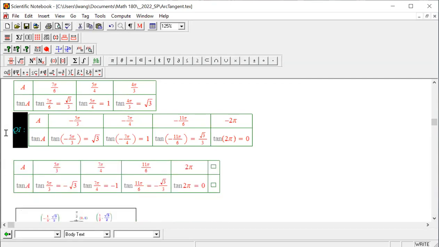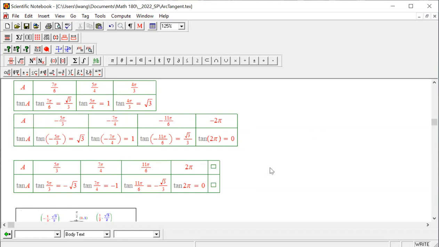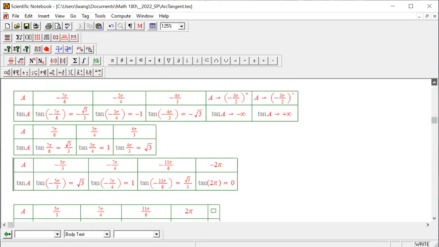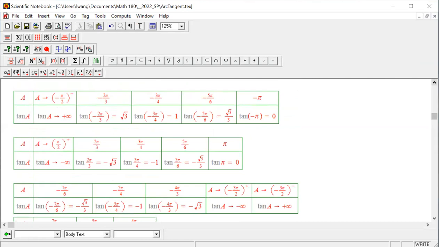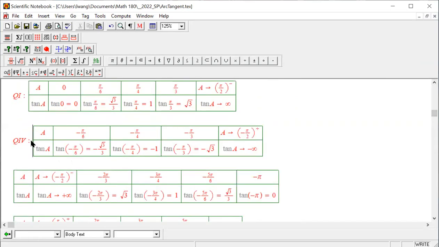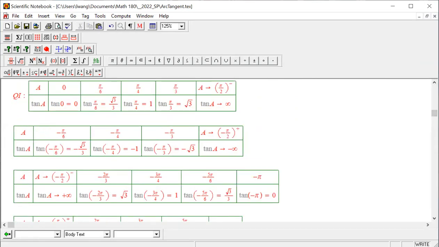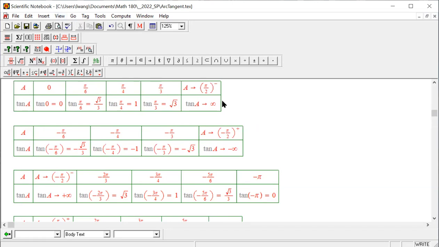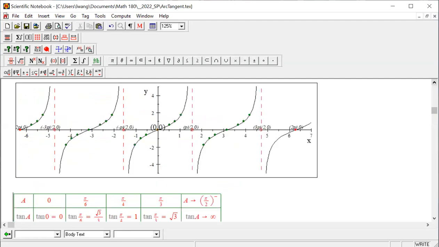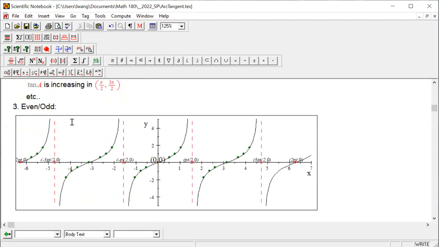So we have confirmed this is an odd function. Too many examples, but all of these are just verifying. And from the curve, you can see that is true. So we draw the conclusion that tangent is an odd function.